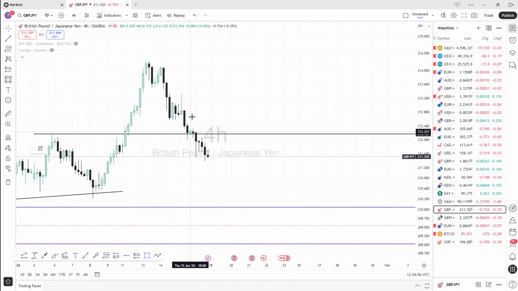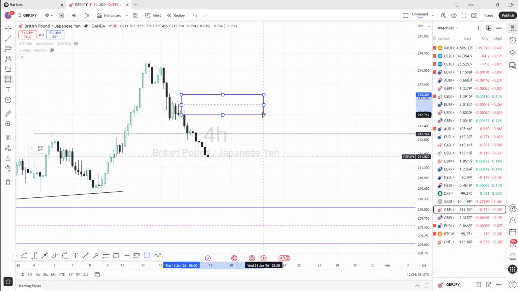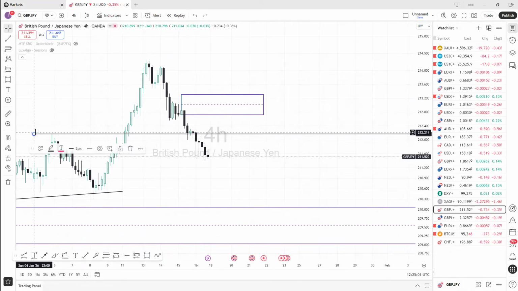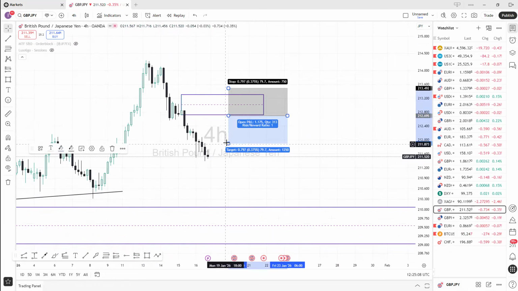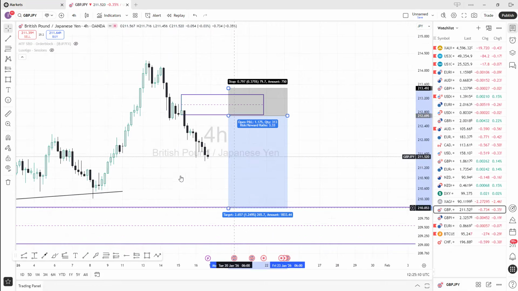In the 4-hour time frame, we have this 4-hour supply, that mitigated 4-hour supply. So for next week, wait for price to retrace back to that 4-hour supply, then you can take a short position from that area.